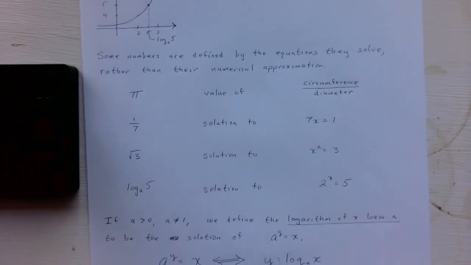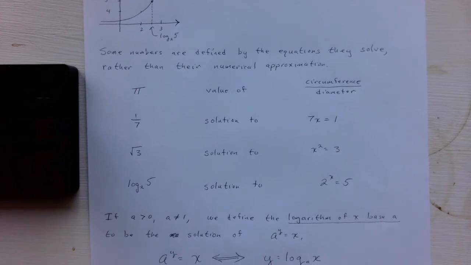So let me just say that there are some numbers that are defined by the equations they solve, or the geometric quantities they represent. That's how they're defined, rather than by any particular numerical or decimal approximation. We all know that pi is the circumference of a circle divided by the diameter of the circle.